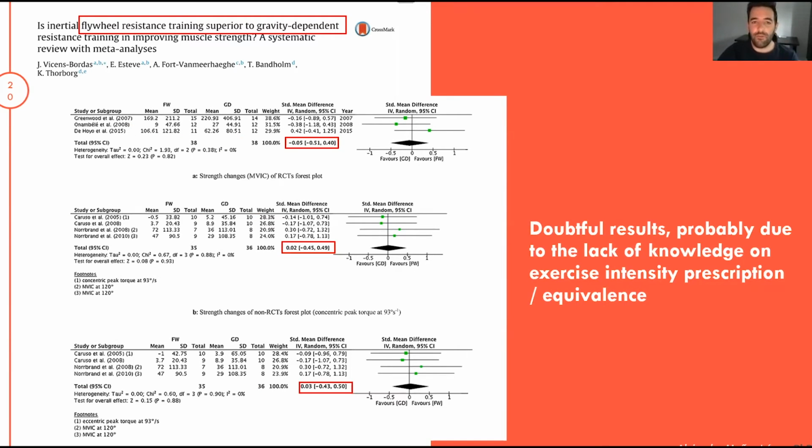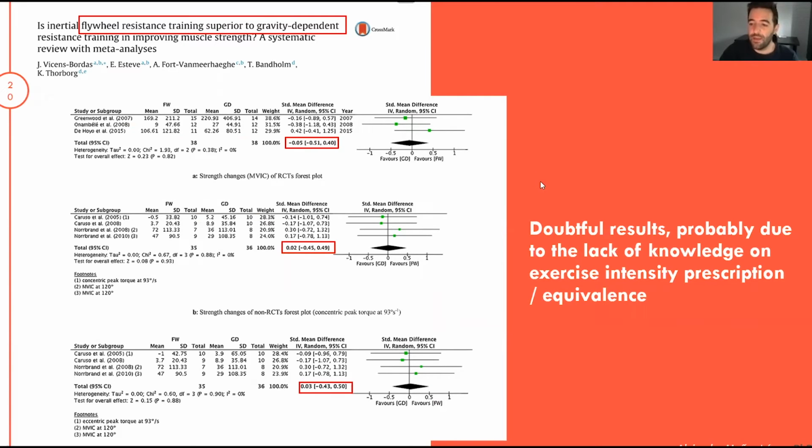What about their effects compared to gravity-dependent resistance training? Let's say that gravity-dependent is the free weights or the isoinertial, and non-gravity dependent, the flywheel. But some recent research suggested that there is a low influence of gravity, so we cannot call them gravity independent because we are still on the Earth. So there are doubtful results when we compare both technologies, and we cannot say that one is better than the other to improve muscle strength.